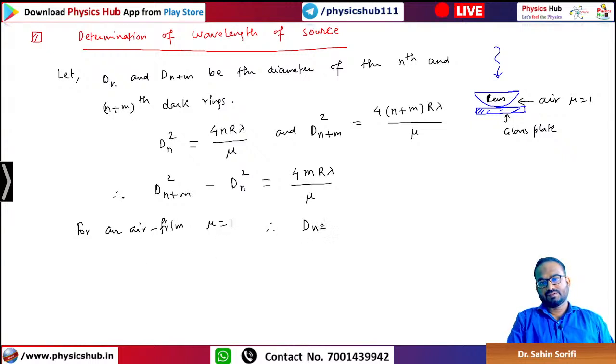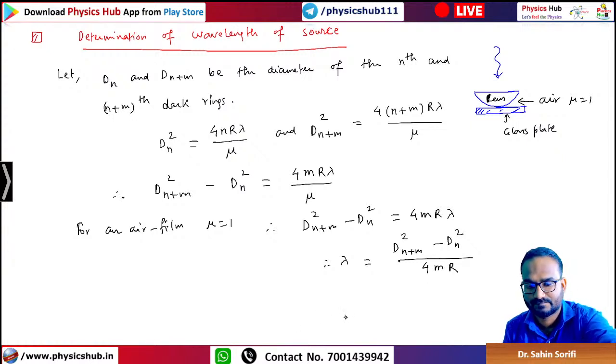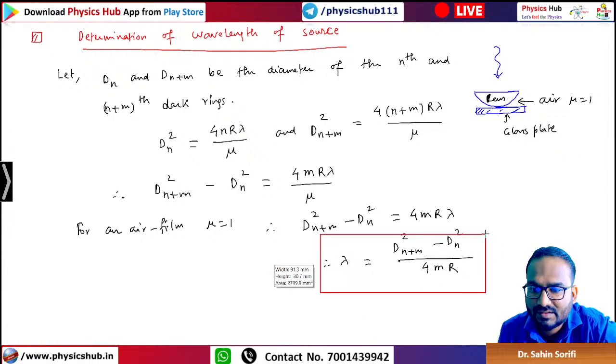Therefore Dn plus m whole square minus Dn square is equal to 4 m r lambda. From this we can get the value of lambda, which is Dn plus m whole square minus Dn square divided by 4 m r. Is it clear or not?